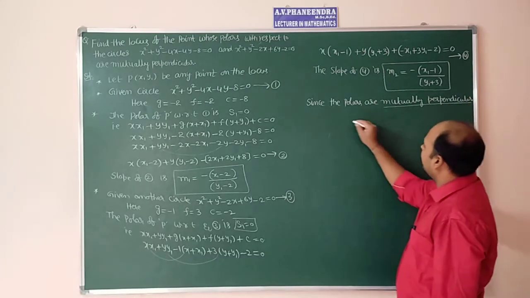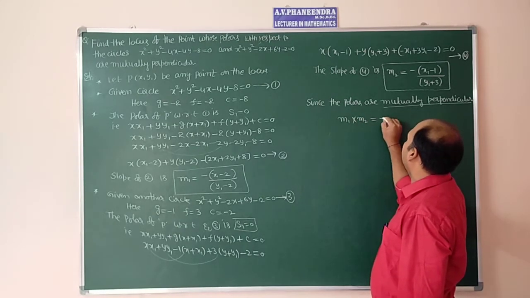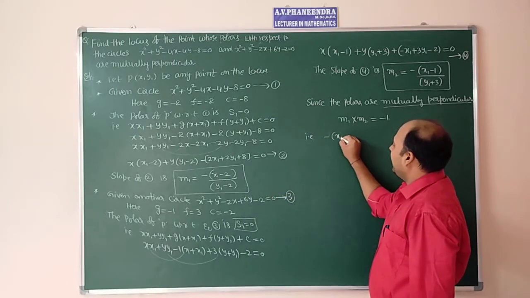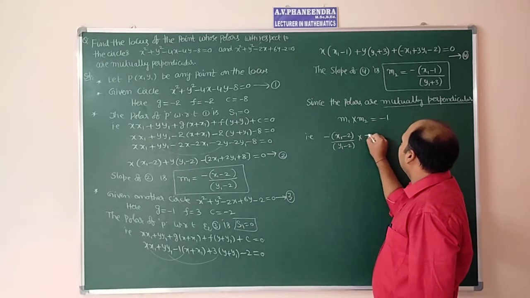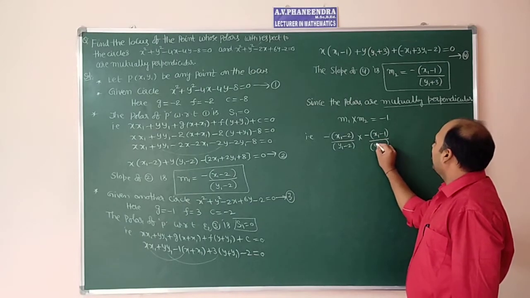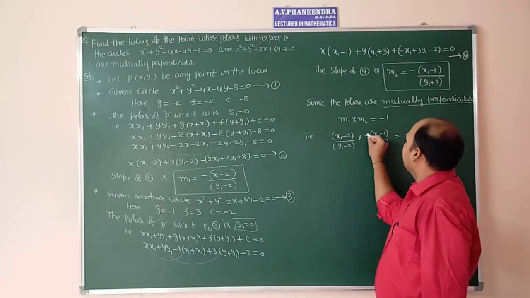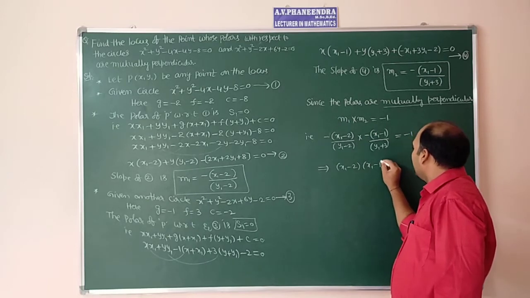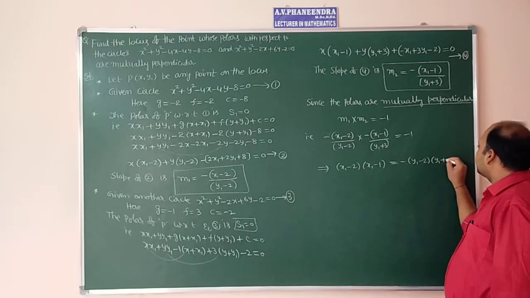whenever they are perpendicular, we have m1 × m2 = -1. That is, m1 value is -(x1 - 2)/(y1 - 2) into m2 value -(x1 - 1)/(y1 + 3) equals -1. So minus into minus is plus: (x1 - 2)(x1 - 1) = -(y1 - 2)(y1 + 3).